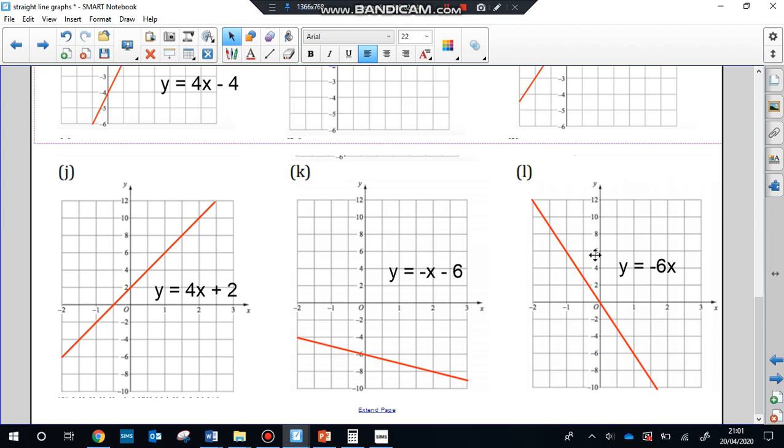Okay, and then L is negative again. But if I go 1 across, I have to go 6 down, and again it goes through the origin. So the intercept, would you just put plus? Well, you wouldn't put anything because you're not going to put +0. Okay. All right. Let's have a look.